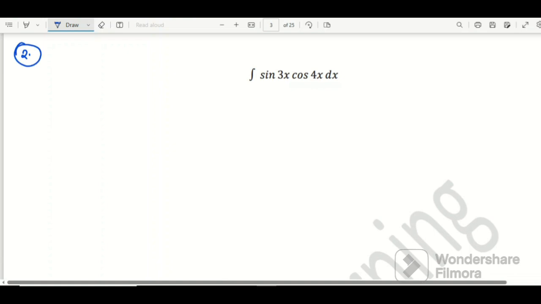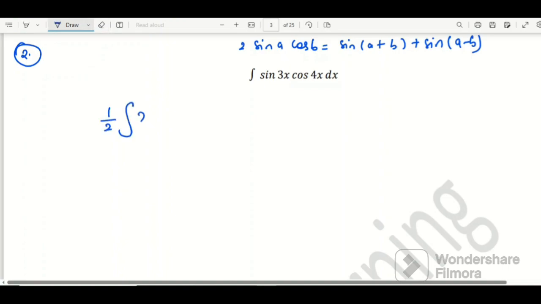Second question is integration sin 3x into cos 4x. Here we can apply the 2 sin a into cos b formula. The formula of 2 sin a cos b is sin a plus b plus sin a minus b. So to apply this formula, I will multiply 1 by 2 outside and I will take 2 inside. 2 sin 3x into cos 4x dx.